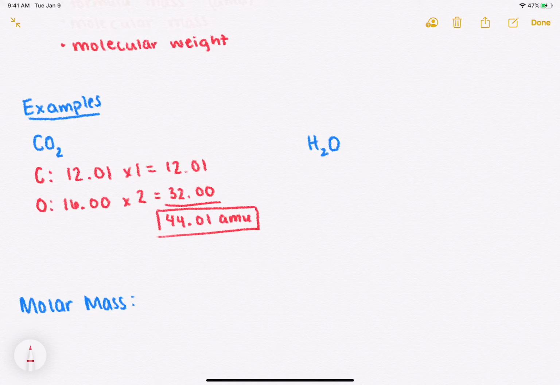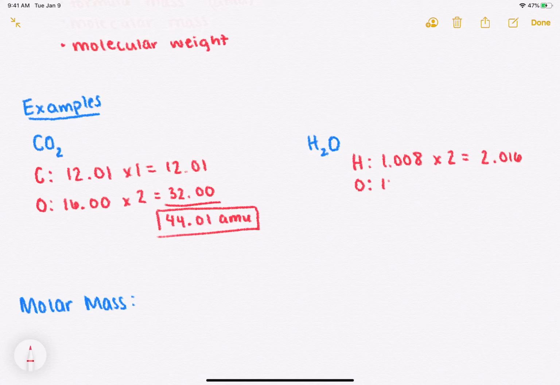Now let's do the same thing for H2O. Hydrogen has an atomic mass of 1.008. You can look on the periodic table for that. And there are 2 of them. That is going to give us an atomic mass of 2.016 AMU for hydrogen.